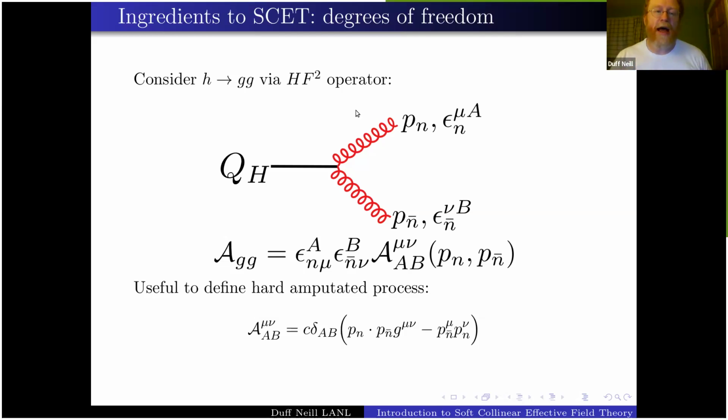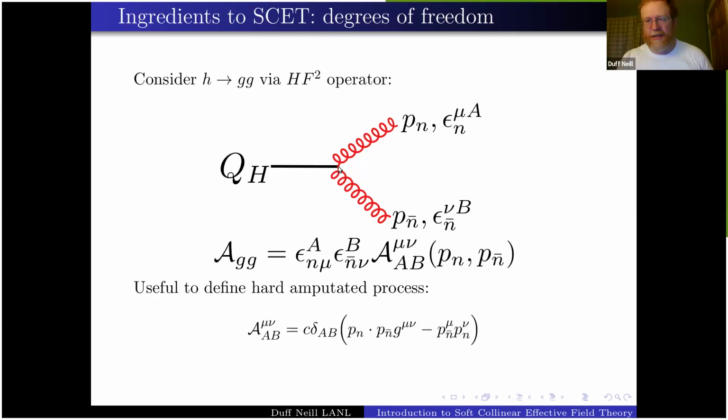And what this describes is, for instance, how one might take a Higgs boson and decay it to two gluons. And here I've labeled the two gluons to have particular momenta, p_n and p_n-bar. They have particular polarization vectors associated with them. And for convenience, I've also calculated what I would call the hard amputated process.